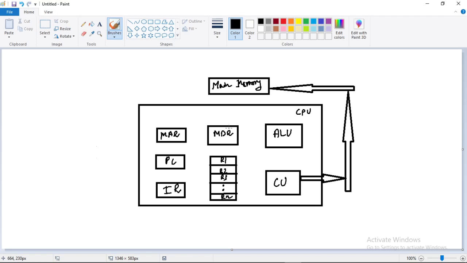The sole purpose, that means the main aim, of having a register is the fast retrieval of data for processing of data by the CPU. Give a full stop.